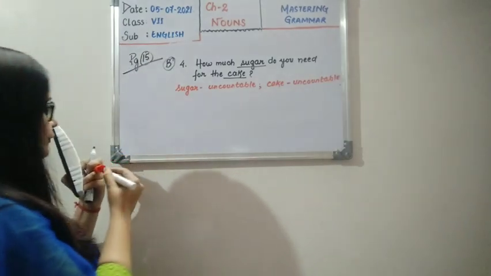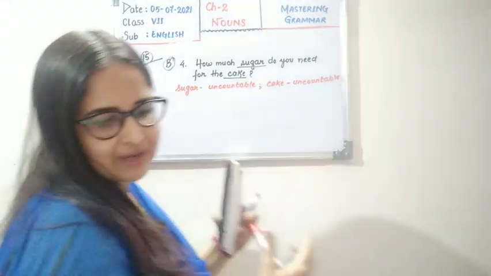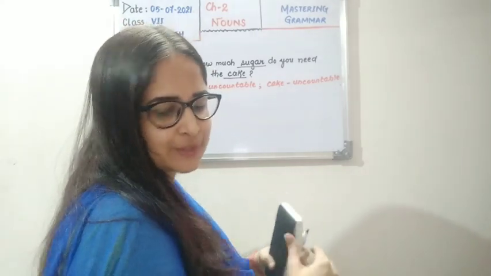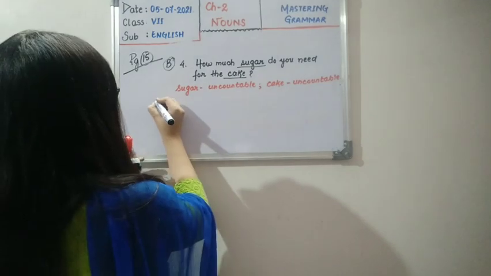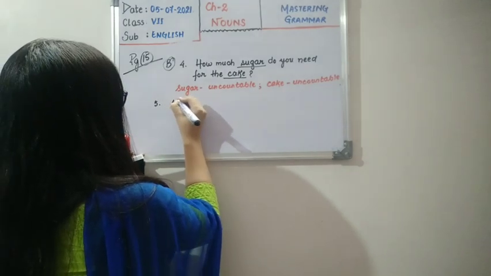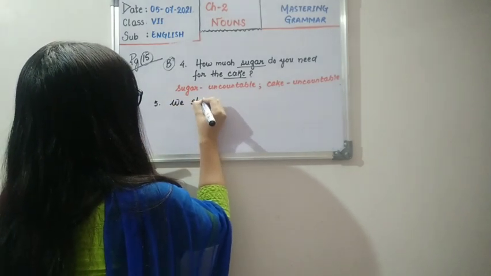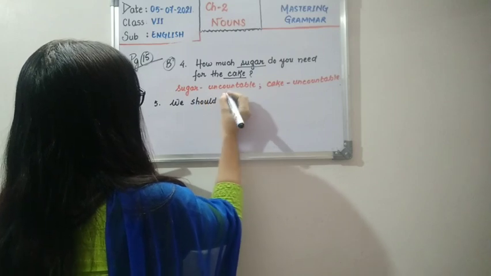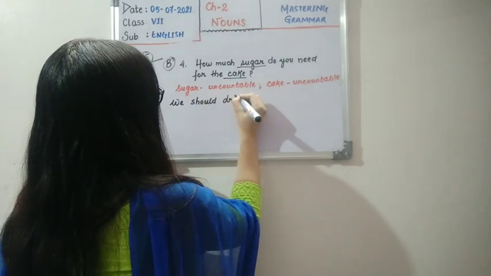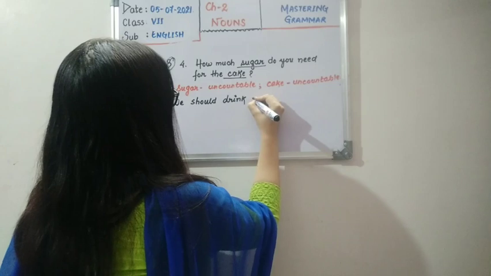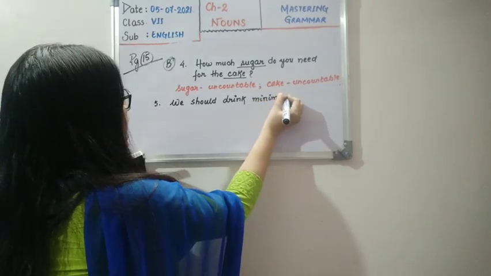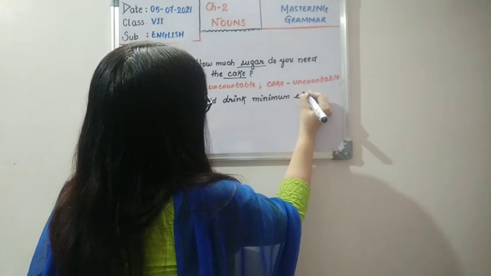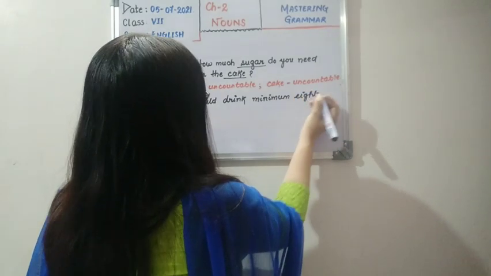Okay children, moving to 5. Number 5 is we should drink minimum 8 glasses of water daily.